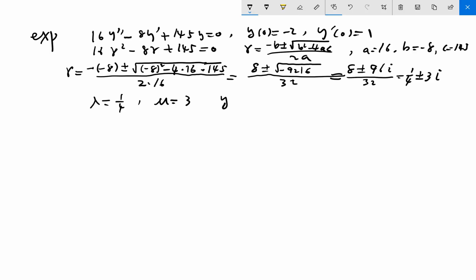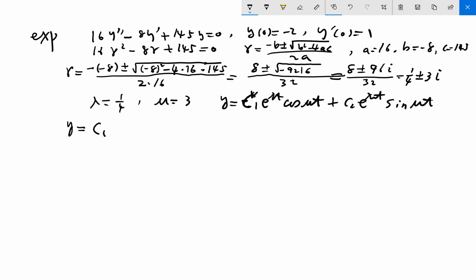Remember our general formulation is C1 e to the lambda t cosine mu t plus C2 e to the lambda t sine mu t. Therefore, what do we need to do? Just plug in the lambda and mu.